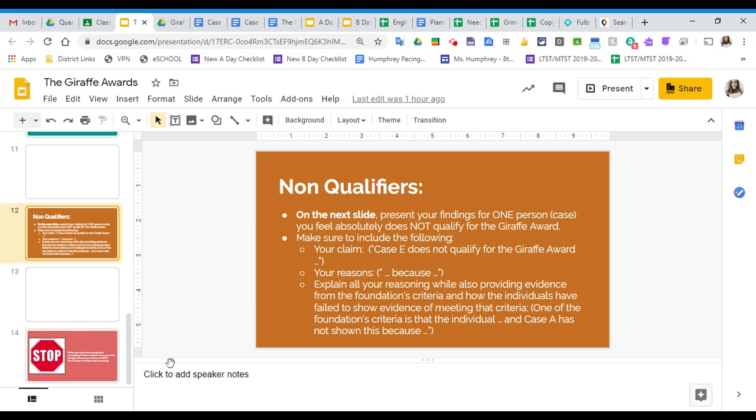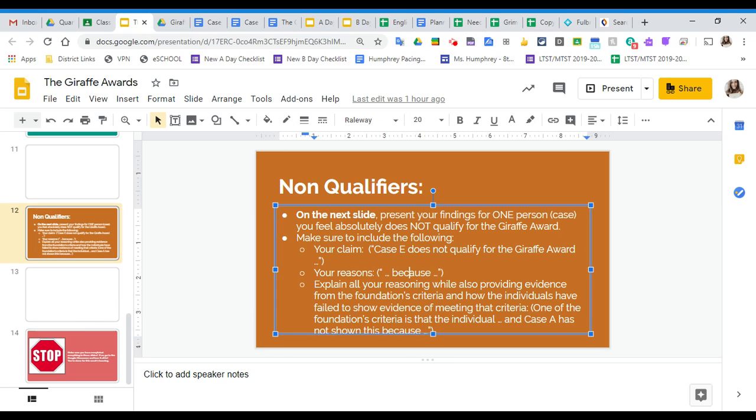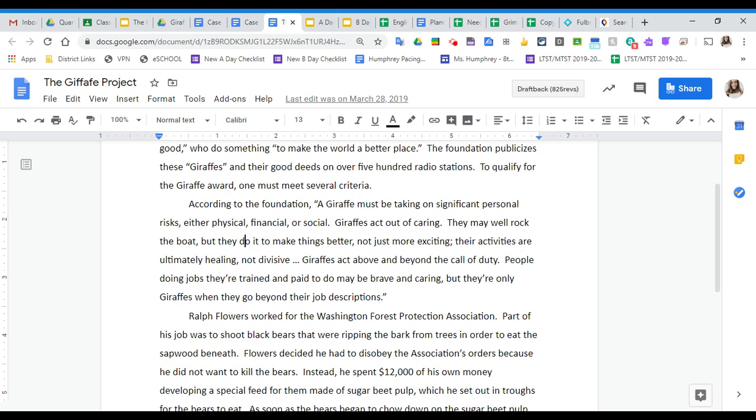So that's something that you would want to say, that Case E does not qualify for the giraffe award because though this person is really brave, they're just doing exactly what they've been trained to do and what they're paid to do, and they're not going above and beyond. And then make sure that, again, you present that evidence from the criteria. So you can say the foundation specifically says that giraffes go beyond their job descriptions.